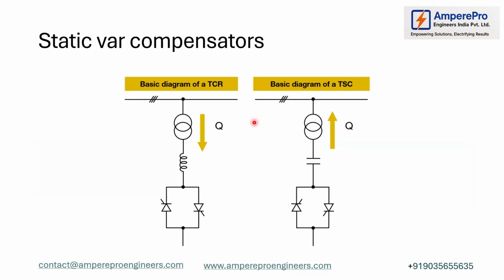Then there are static VAR compensators, which have power electronic devices. You can generally see these in a solar plant at the 33 kV level.